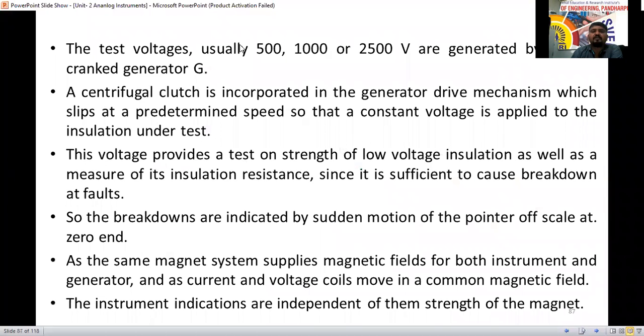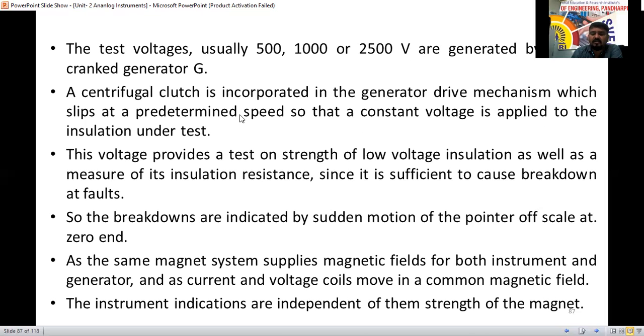So the test voltages, usually 500 volts, 1000 volts, 2500 volts, are generated by using a hand cranked generator here now. By using a hand cranked generator, we can generate 500 volts, 2000 and 1000 volts also here now. A centrifugal clutch is incorporated in the generator driven mechanism.